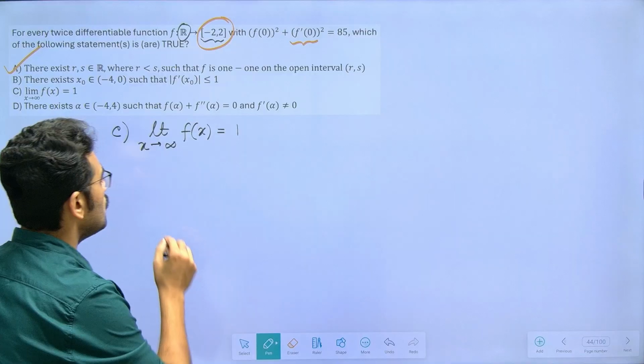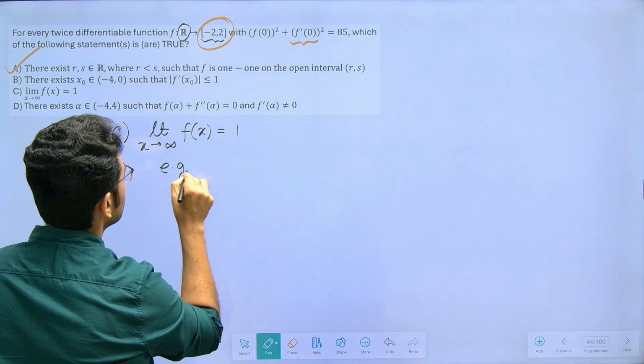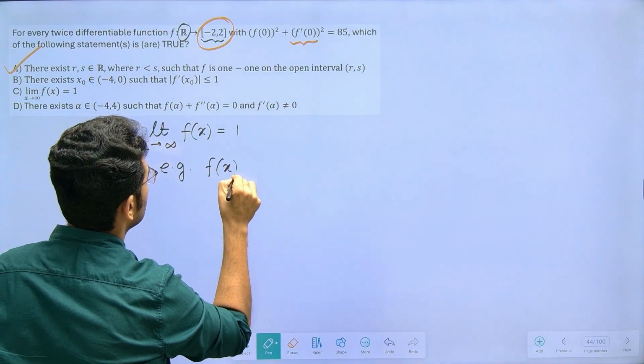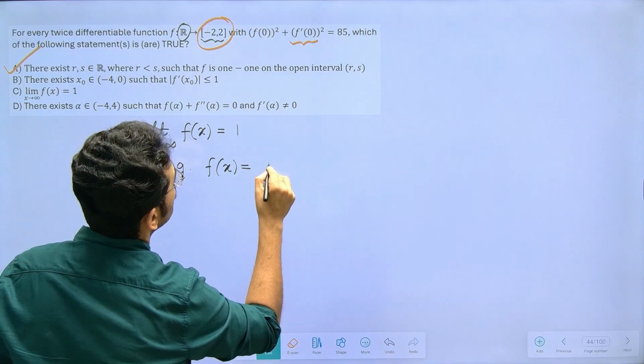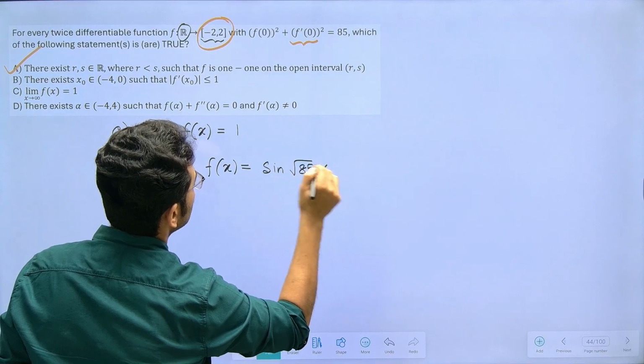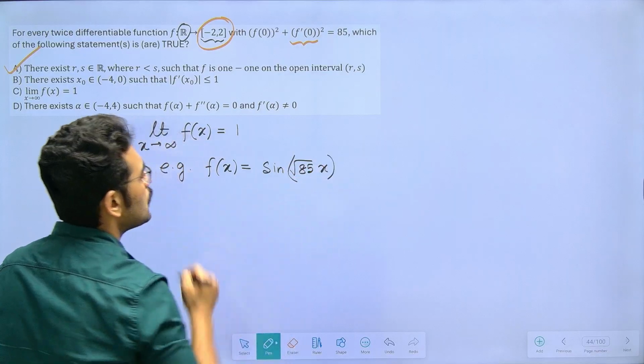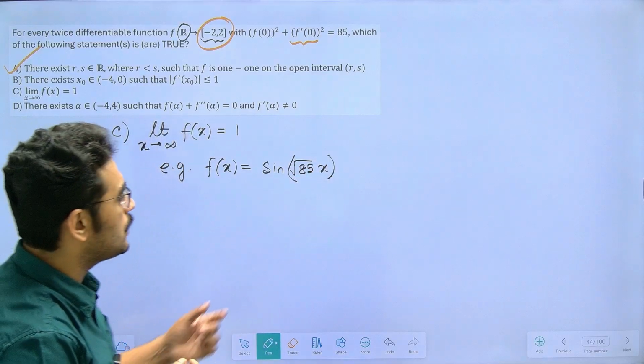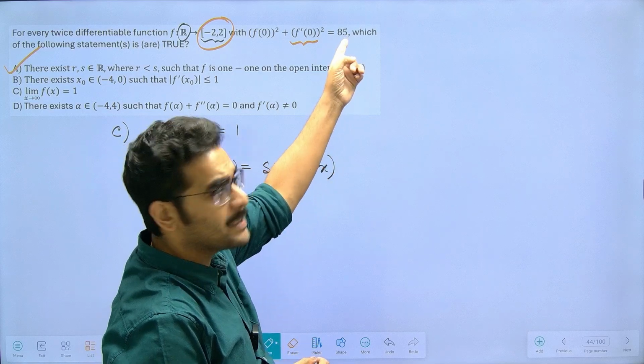This one also, if we take an example, say f(x) is equal to sine of root 85 x. If you take this function, f(x) equal to sin(√85 x), we got the idea of root 85 from here.